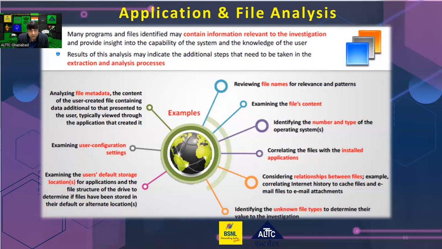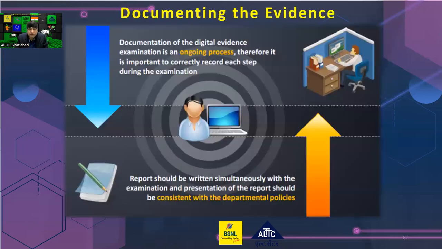Examine the user's default storage location for the application and the file structure of the drive to determine if files have been stored in an alternate location. And more, examine user configuration settings. This is application file analysis.